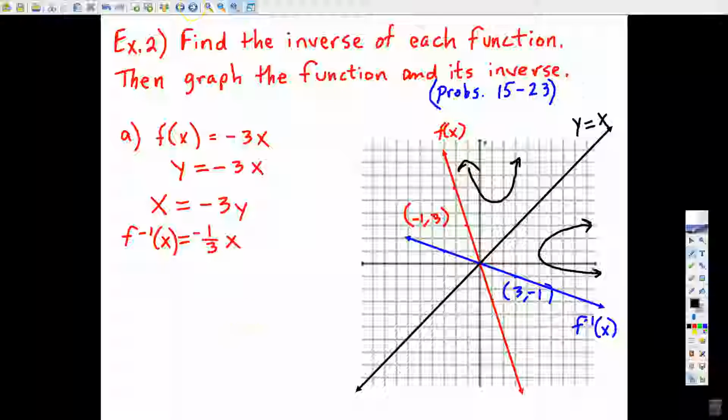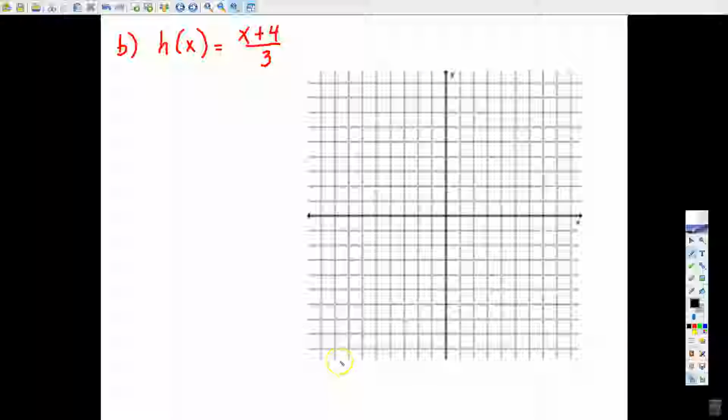Good question. Okay, let's try another one. Here is a function. It's called h of x. Well, let's find the inverse function. So right away, I'm going to treat this as though it's y, and I'm going to switch places with x and y. So I'm going to make this read as x equals (y plus 4) over 3.